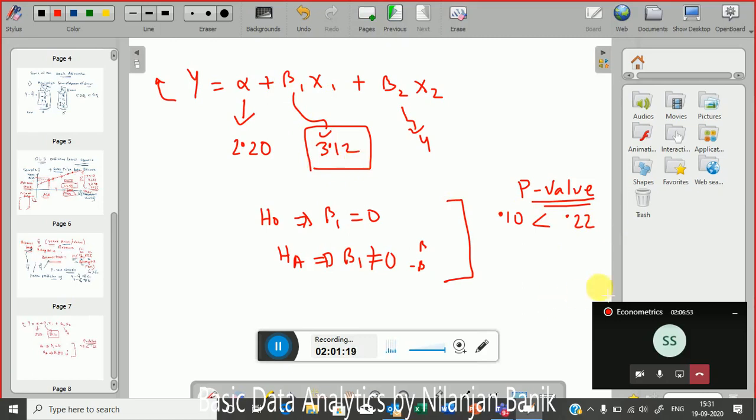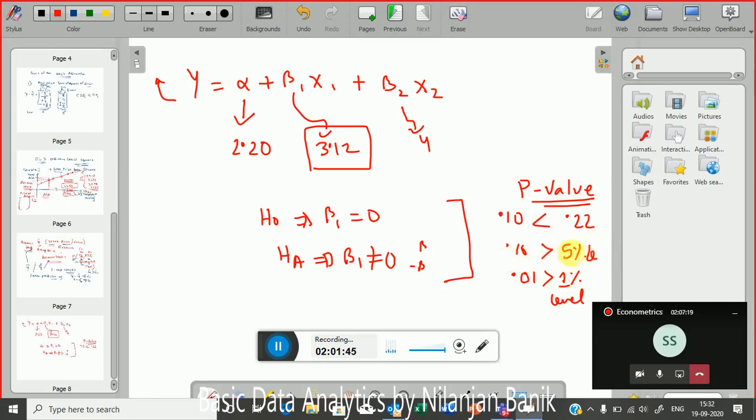I should take the p-value only if this is less than 0.10, or preferably less than 0.1. So if this is less than 0.01, this is significant at 1% level. If it is less than this, this is significant at 5% level.